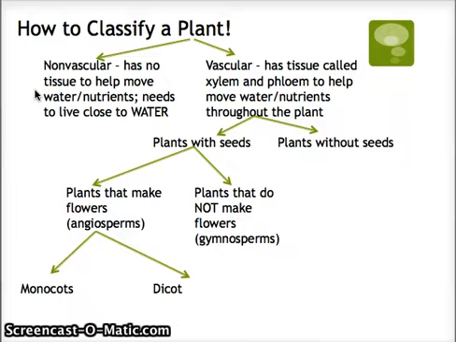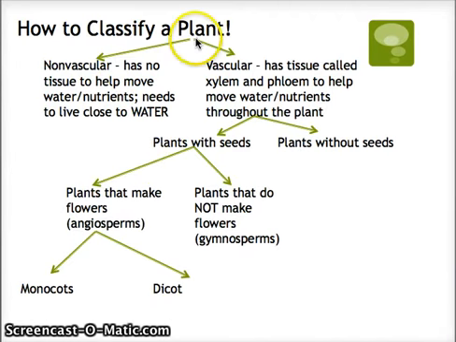But if a plant doesn't have that system, it's called non-vascular. So it has no tissues to help move anything like water or nutrients, so it's going to have to live really close to wherever it's getting its water or nutrients from. So non-vascular plants: no vascular tissue to move water or nutrients, and it must live close to water.